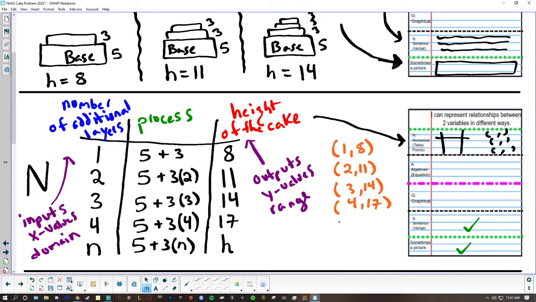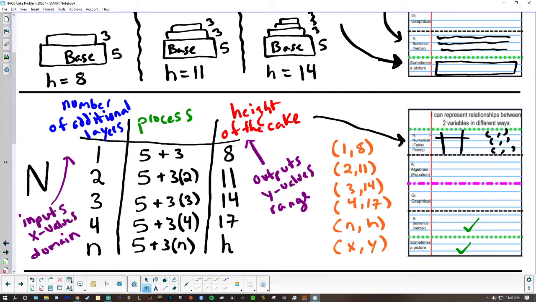And a general rule is our points are n, h. Number of layers, height, which is the same as our x and y values. Okay, so we have all of our points. We've created a table. This is the numerical representation of our story problem.